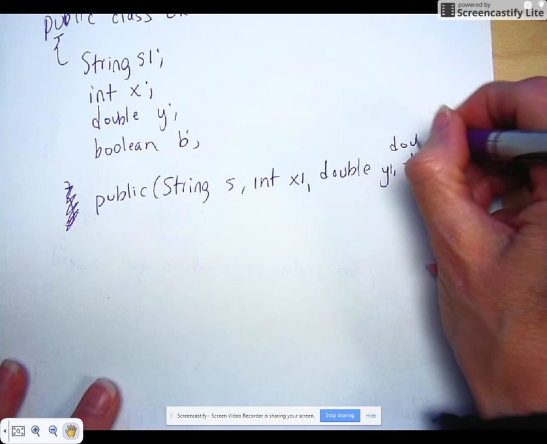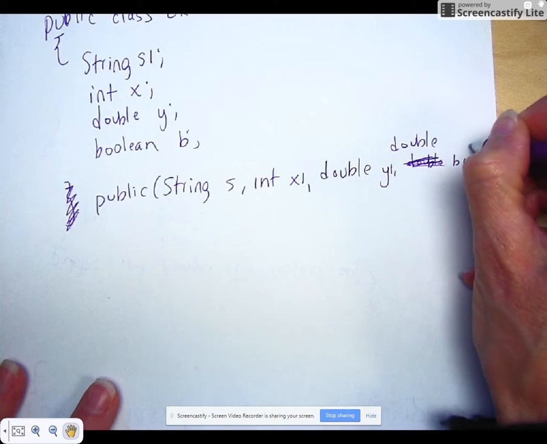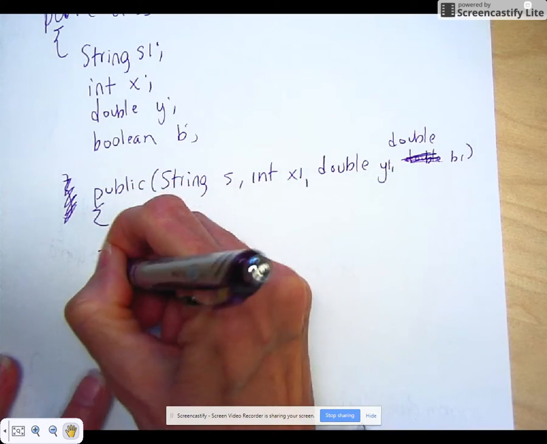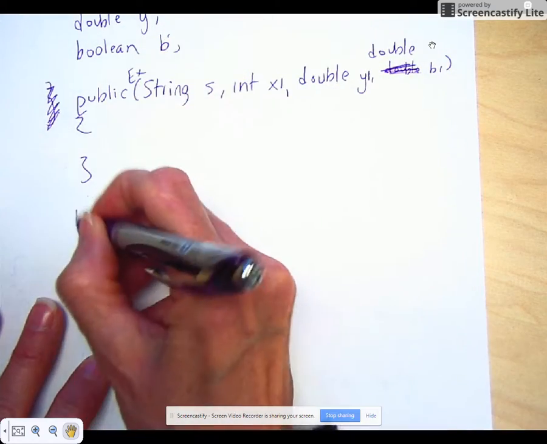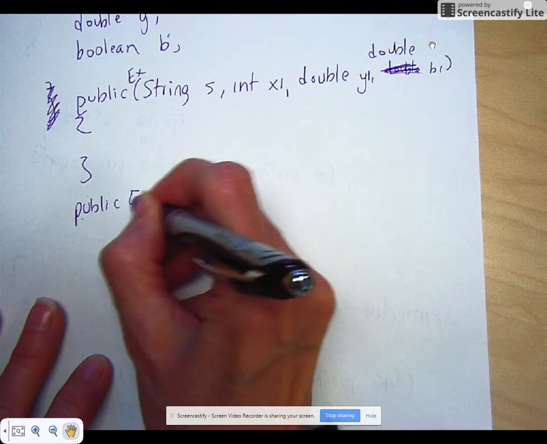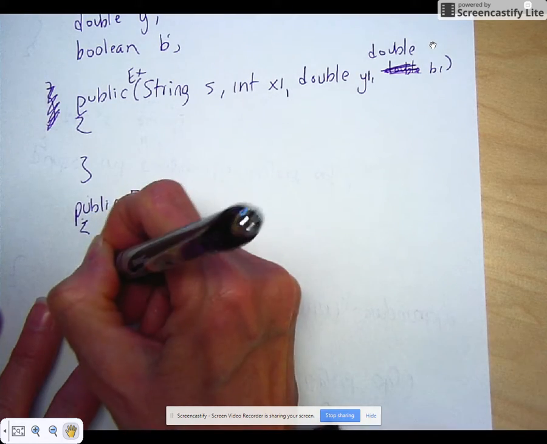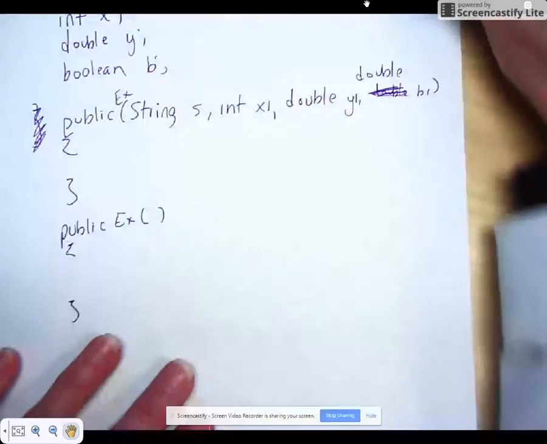I'll let you think about that for a while. I'm not going to do this whole constructor. Then let's say I have another constructor that accepts no parameters. It's default.